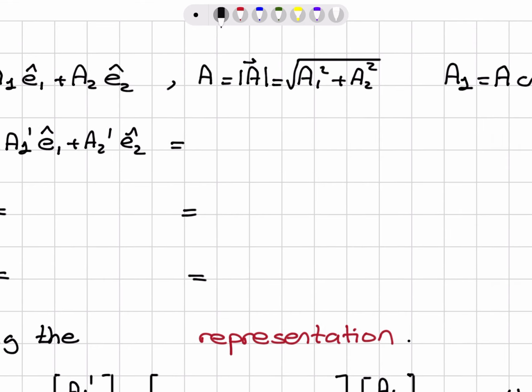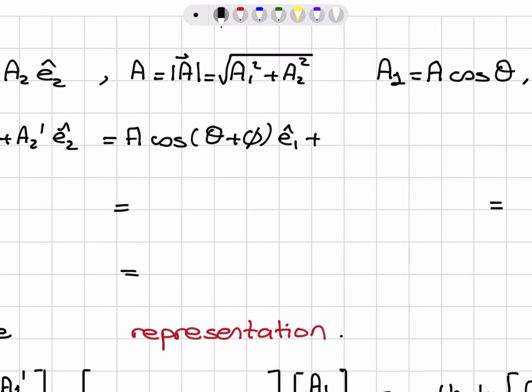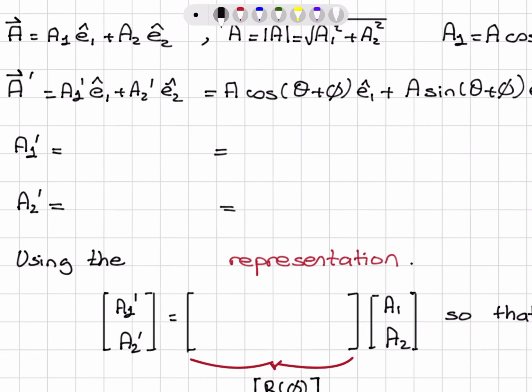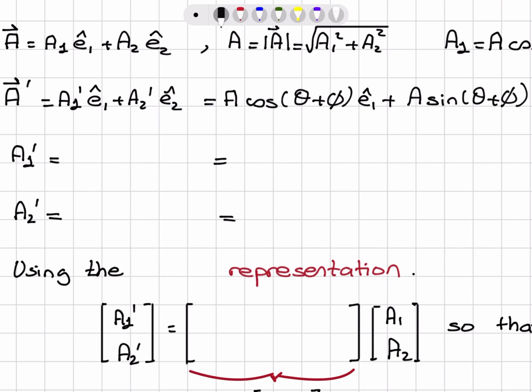And that is simply the magnitude of the vector, which doesn't change, A, times cosine, the angle has changed, it's theta plus phi, E1 hat, plus the projection onto the second axis, A times sine of theta plus phi, E2 hat. Okay, now you can see what happened to these components. A1 prime is A cosine of theta plus phi, and A2 prime is A sine of theta plus phi.